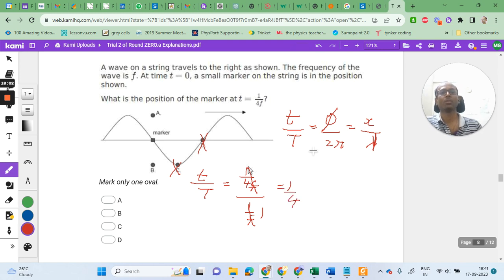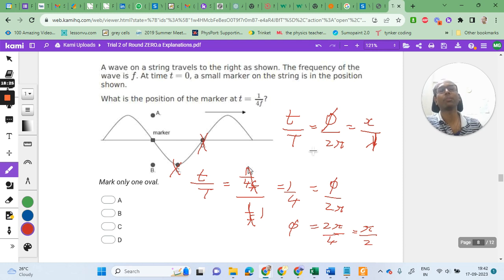Okay. So now if you compare this 1 by 4 with the fraction of the phase of oscillation, it's phase by 2 pi. So phase of oscillation which has happened is 2 pi by 4, which is pi by 2.